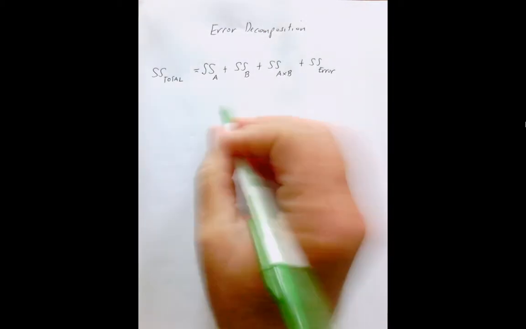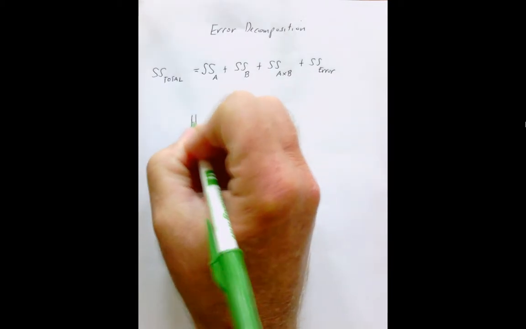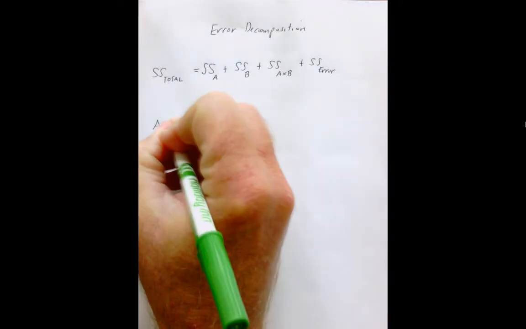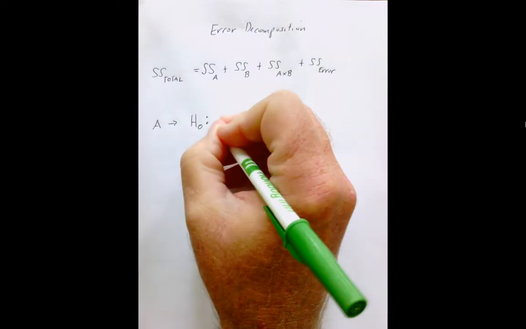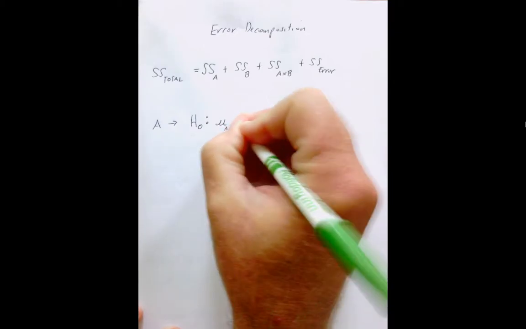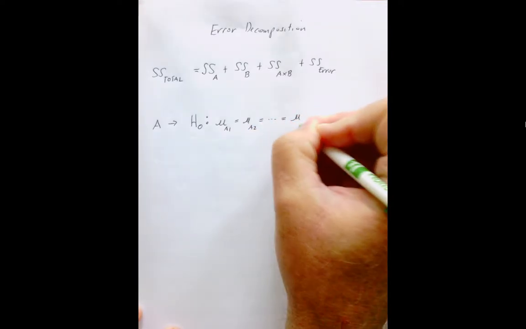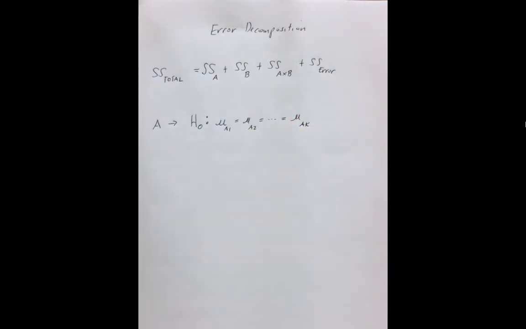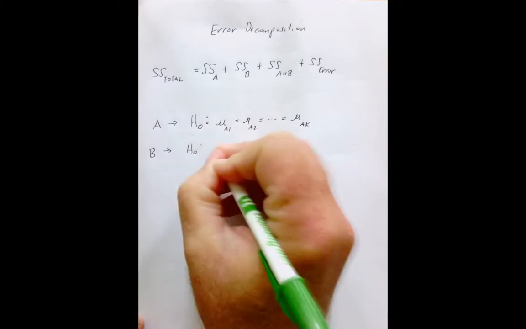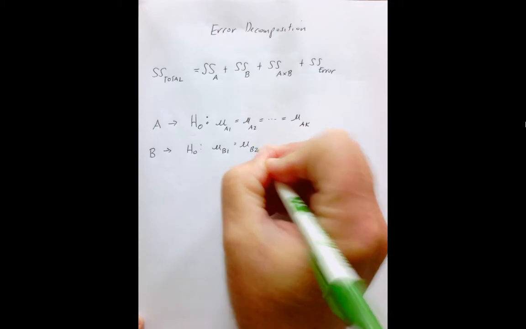When we carry out a test like this, we're going to set up actually three hypotheses. And the first hypothesis is going to be related to just factor A. So we're going to look across, for factor A, we'll say we have K groups in factor A. For factor B, we'll look at the means for the groups.